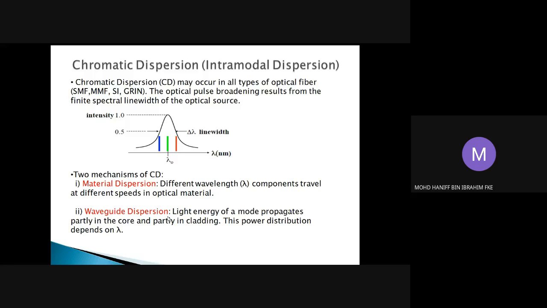Okay, so these are the things that you have to understand very well. And the optical pulse broadening, because we know that the effect of dispersion is to broaden or spread the pulse width.